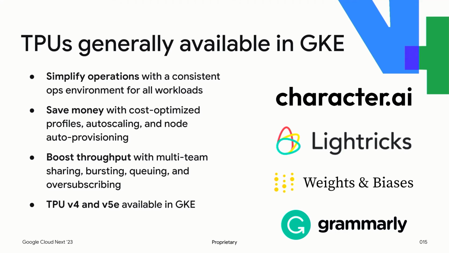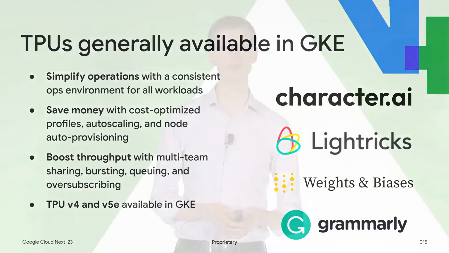We've brought together the remarkable price performance offered by TPUs with the industry-leading scalability that GKE provides. Customers like Character AI, Lightricks, Weights and Biases, and Grammarly are already experiencing some of the benefits of TPUs in GKE. If you're already using Cloud TPUs, GKE can save you money and simplify your operations by scaling up when demand rises and scaling down when demand falls.